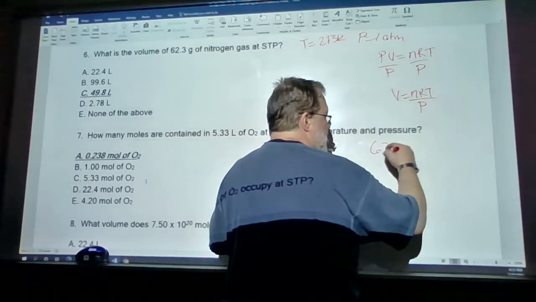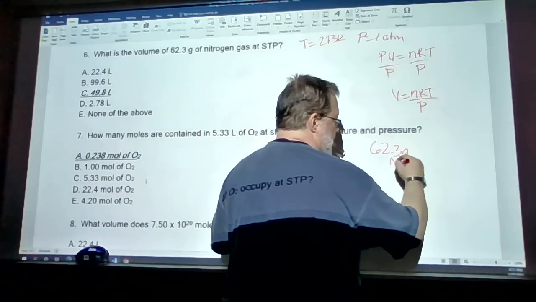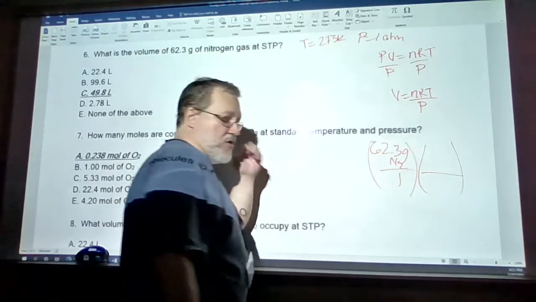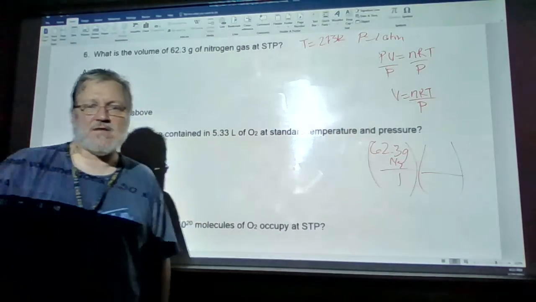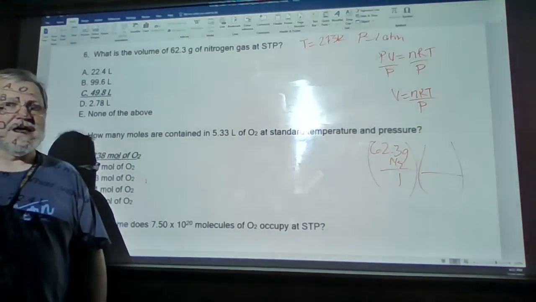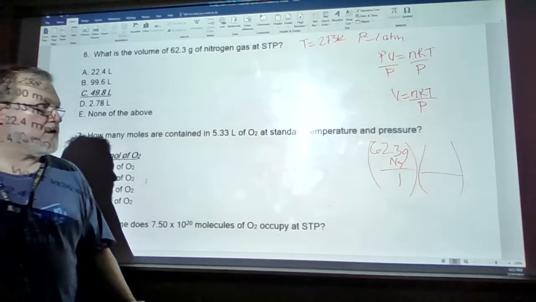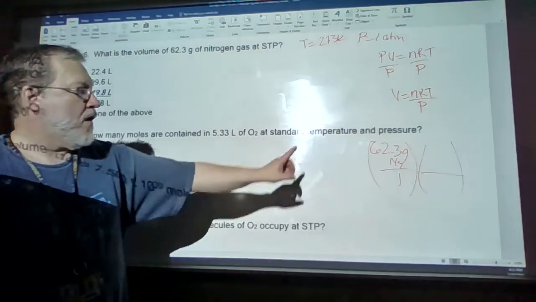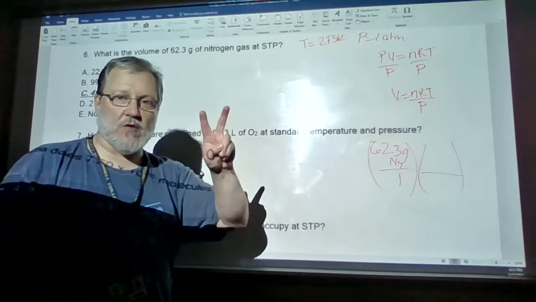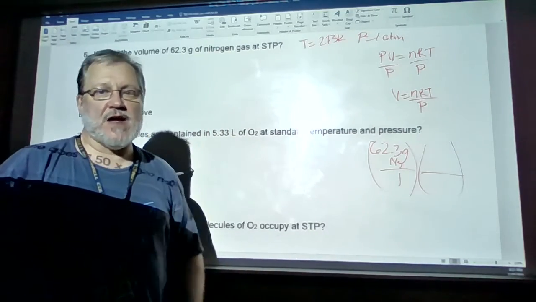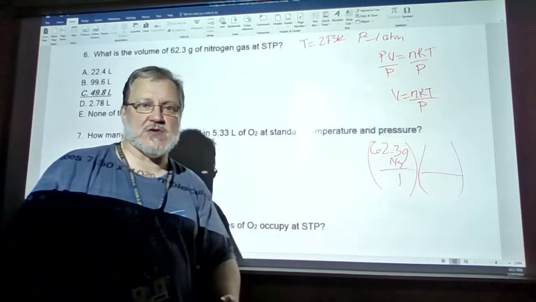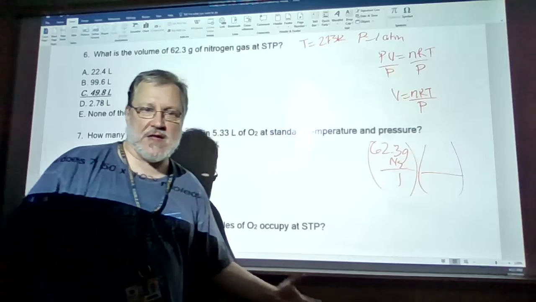So 62.3 grams of N2 over 1. Avogadro said the gram mass weight of all the elements present is equal to 1 mole. So we have N2 as a molecular formula. 1 mole of N2 has 2 moles of nitrogen. 1 mole of nitrogen is equal to 14 grams, the gram mass weight of the element nitrogen exactly as it is off the periodic table.